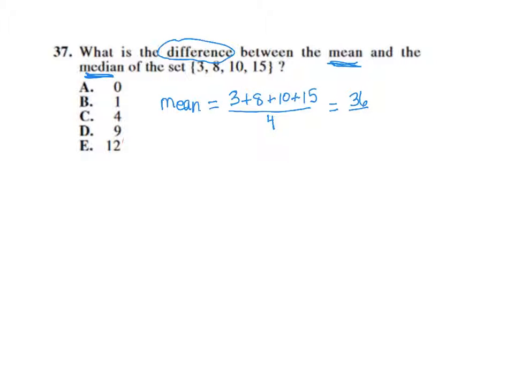So we have 36 divided by 4, which is 9. So the mean is 9.